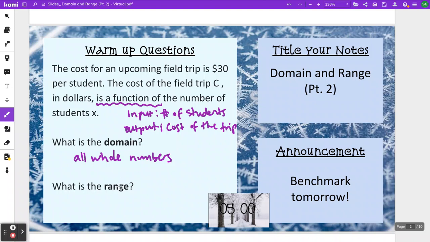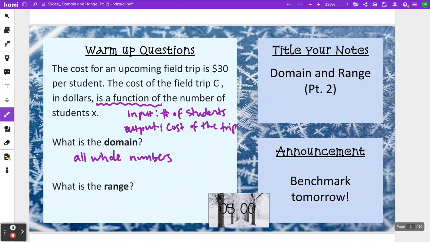For the range we're describing the output, which is the cost of the trip. And here, thinking about our range, this information about it being $30 per student is going to be really important. For example, if it's $30 per student, there's no way for it to cost $31 because it's $30 for each student. Therefore, our range is going to be going up by 30.